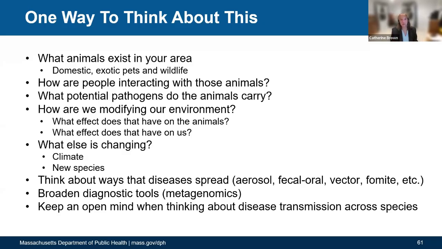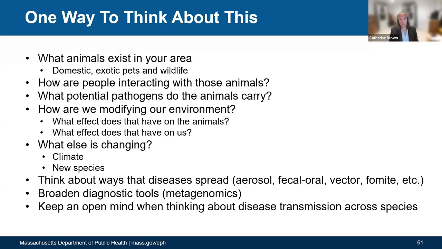So we're not just looking for the things we know, but how do we find out about the things that we don't know? And then I was actually trained by somebody who said to me that any disease could be zoonotic, and I'm going to add, or cause reverse zoonoses, given the right set of circumstances. And I actually think that's close to true.